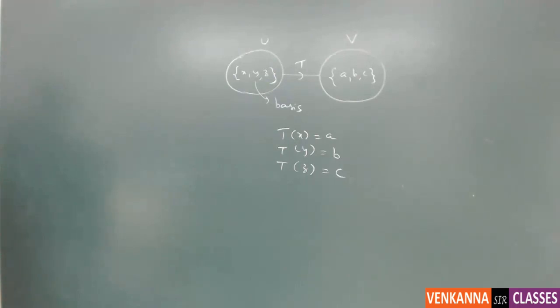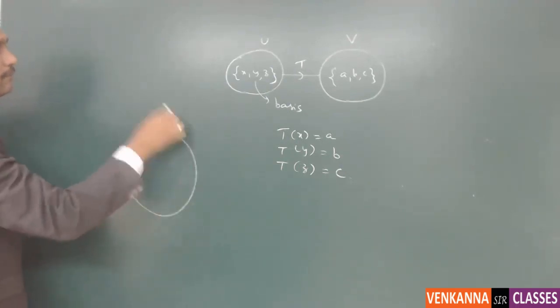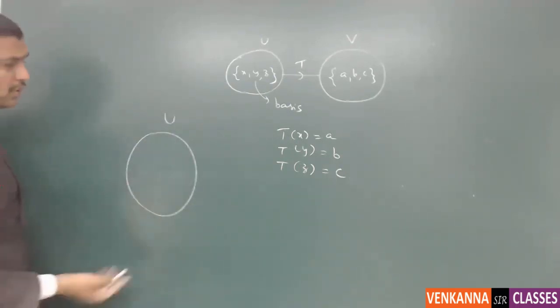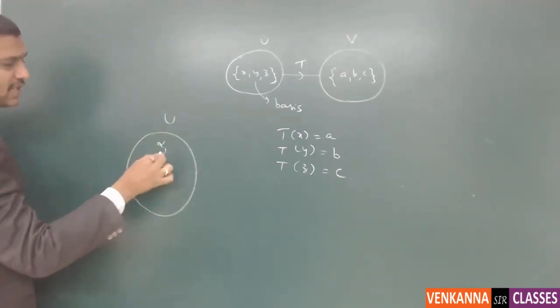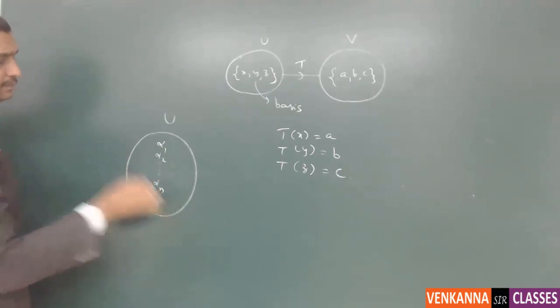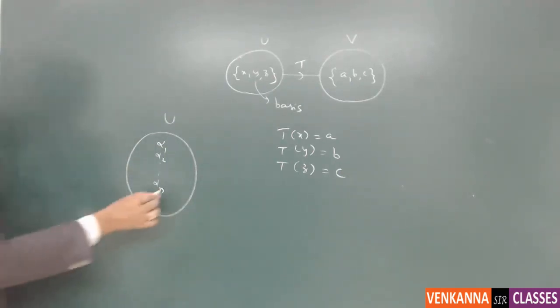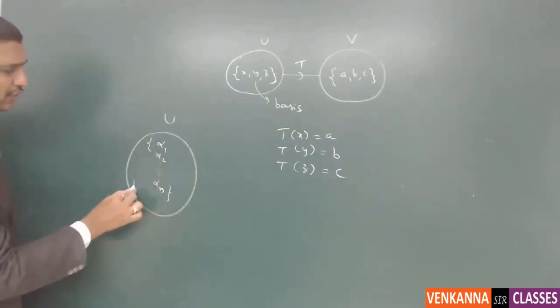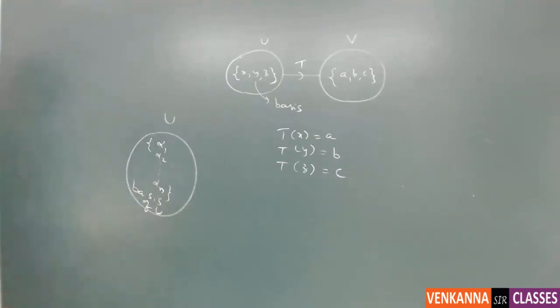So what I am saying, let me say, if U is a vector space having vectors alpha 1, alpha 2, so on, alpha n, I am saying that these vectors are a basis of U. Now, how many vectors did I consider here?